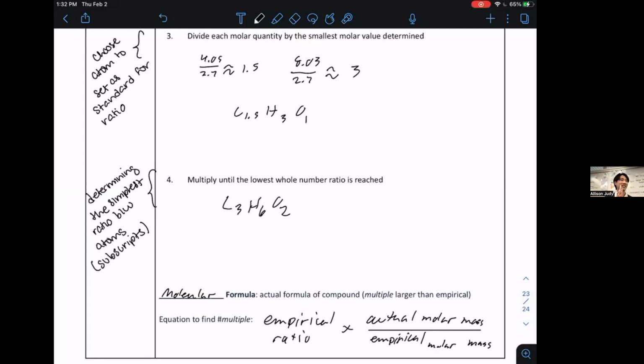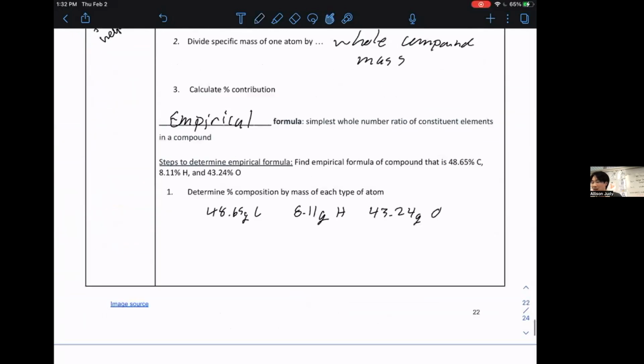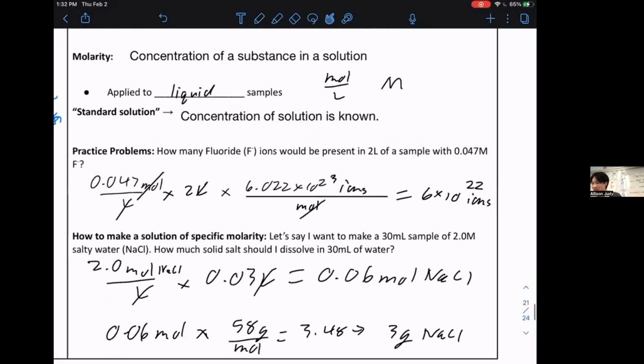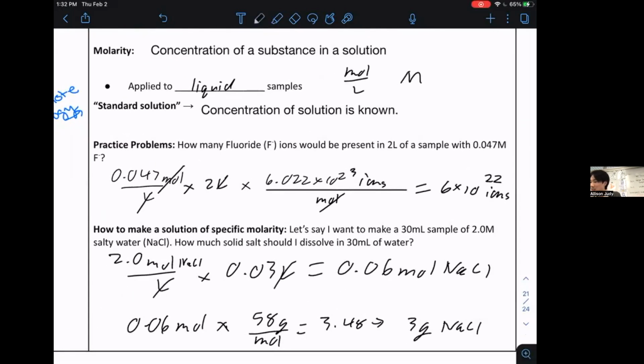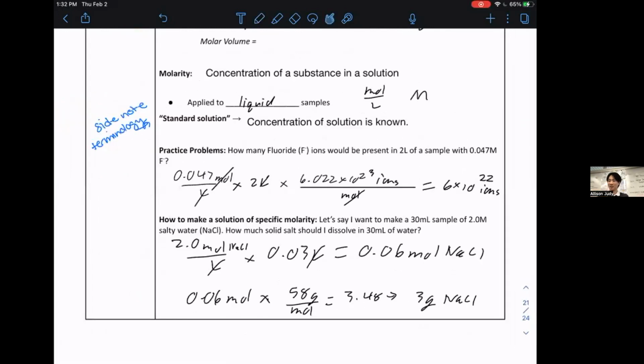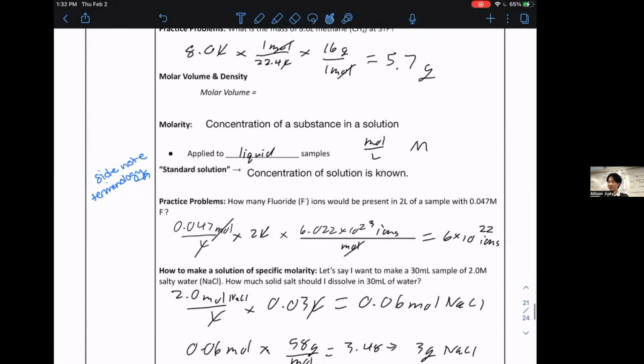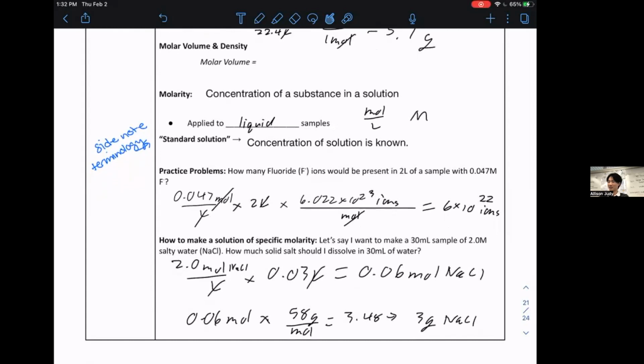Question? One of the practice problems earlier was 6 times 10 to the 20. Is that the correct six? It was the one about how many more ions would a sample with 0.047 have.